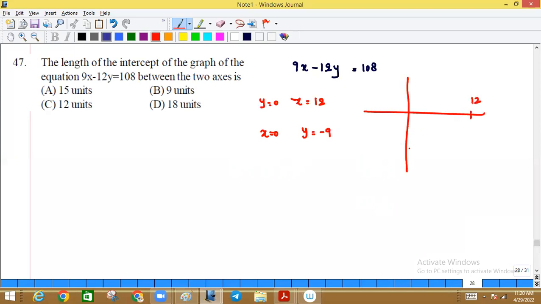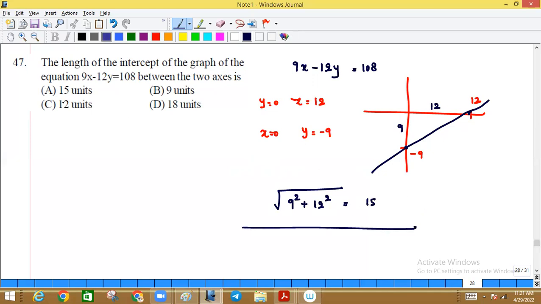It's 12, negative 9. Under root of 9 square plus 12 square is 15 units. So how many units? 15 units.